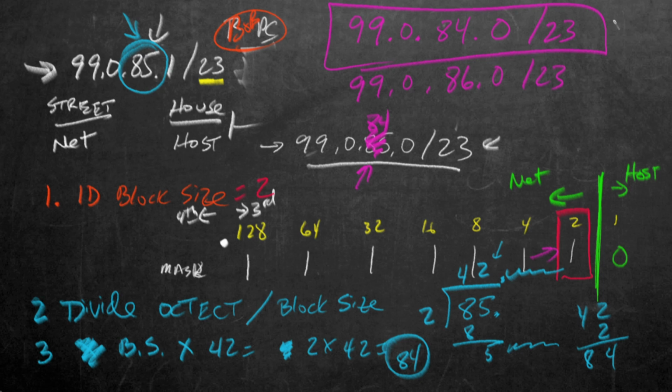So our range for this subnet would be hosts 84.1 through, and then we can't go past the next subnet. The next subnet is 86, so that'd be 85.254, with the 255 address being the broadcast address for the subnet.